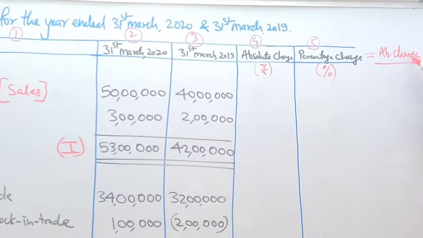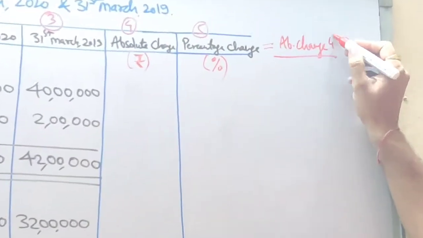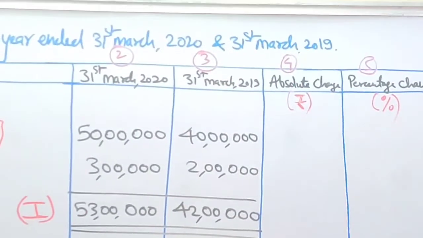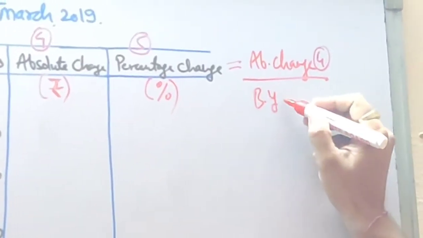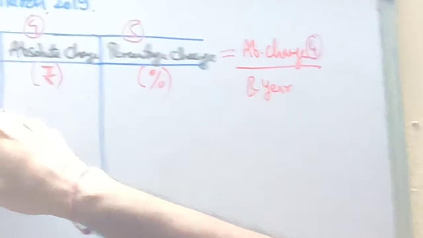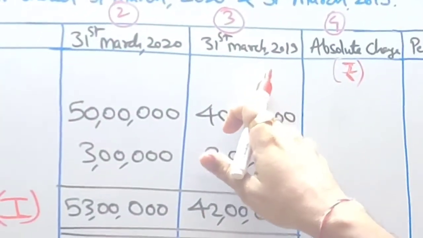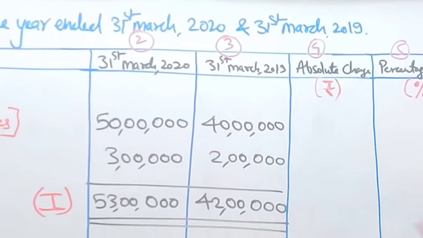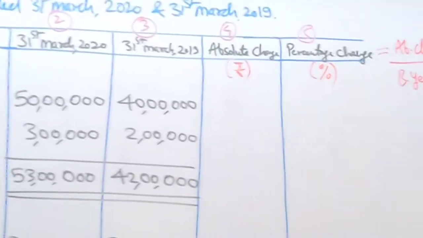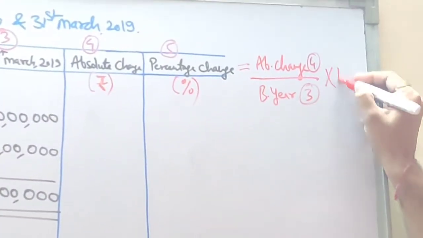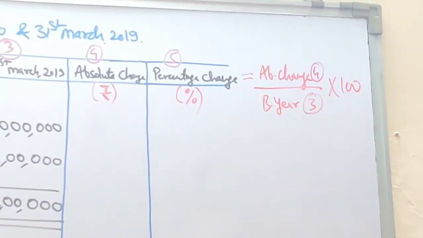Whatever amount you get in column number 4, you have to divide it by the base year amount, which is the older year among these two, 2019. So it will always be your column number 3, then into 100 will give you the percentage.